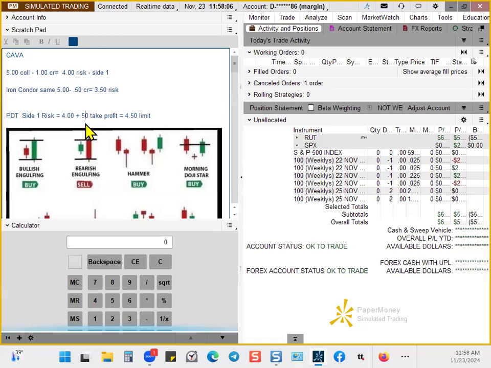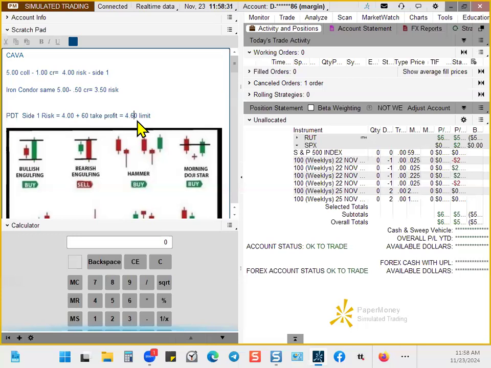But when I have it at 460, it takes longer for it to fill. Even though it's only $10 difference, it takes longer for it to fill. Sometimes, and I can even say when it's 455, it may not fill till the next day, depending on what's happening, which is fine.